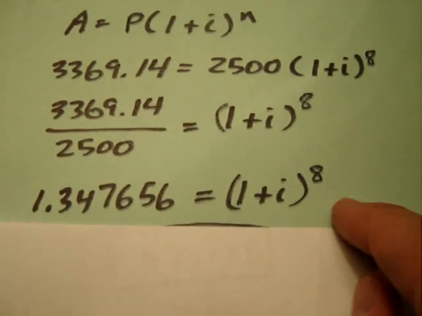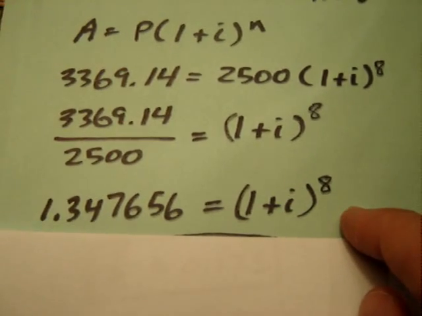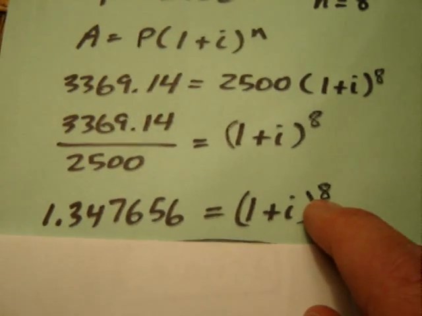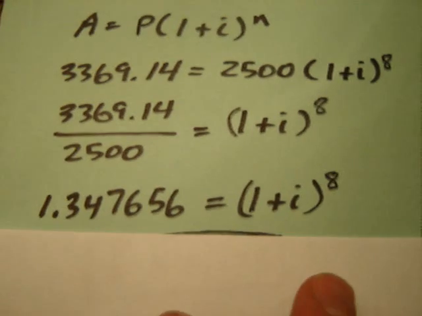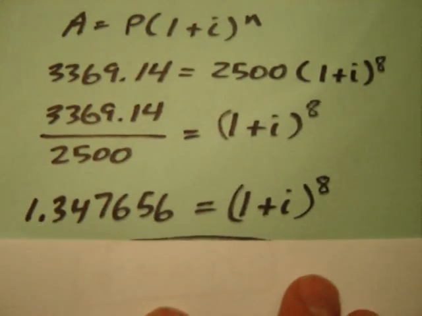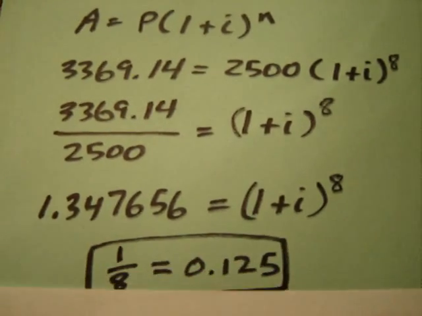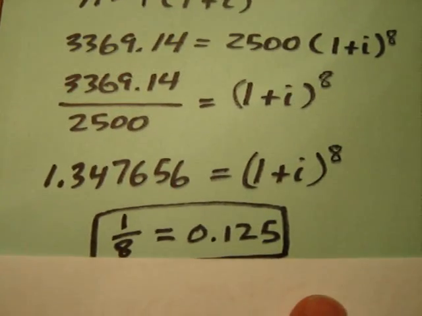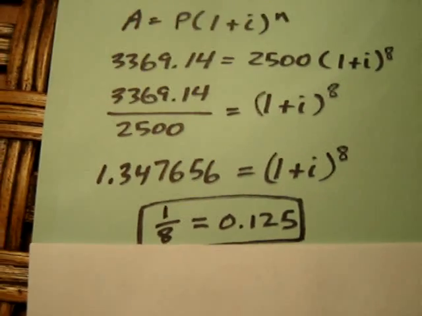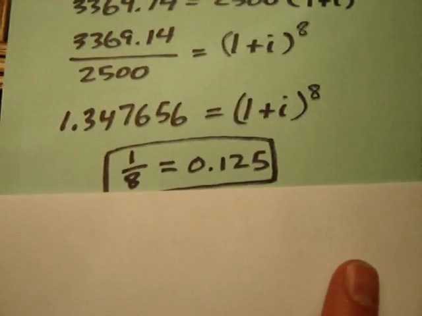So if I'm going to raise this entire right-hand side to the exponent 1/8, I should raise this entire left-hand side to the exponent 1/8. For ease of use with the calculator, we should figure out what 1/8 equals. 1/8 equals 0.125.